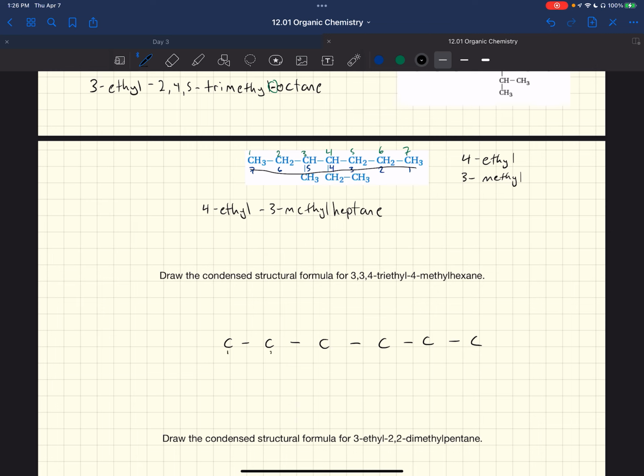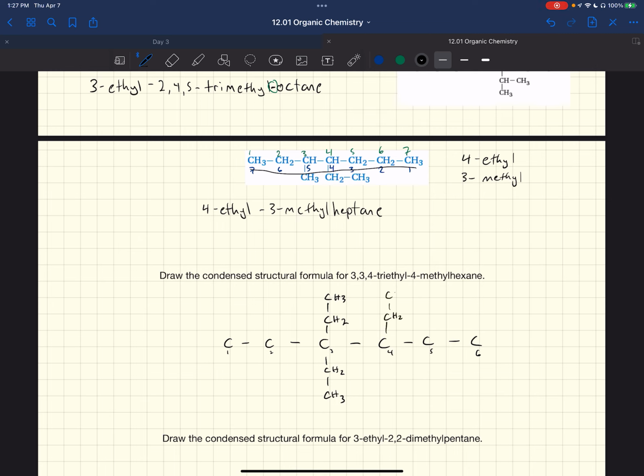All right. And then I'll start putting the things in. So I'll just number this way, 1, 2, 3, 4, 5, 6. And I'm going to do a 3. At 3, I'm going to do an ethyl group. So that's 2 carbons. And then another ethyl group coming off the other side.